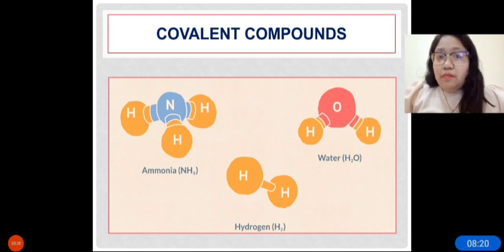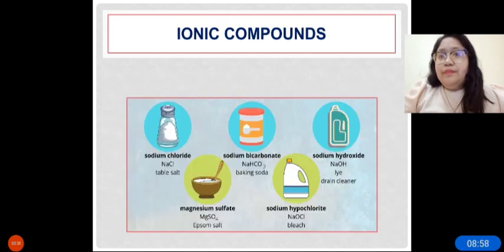N is covalently bonded to three hydrogen atoms. Then we have H2, where one hydrogen atom is covalently bonded to another hydrogen atom. Next, we have water. Oxygen is covalently bonded to two atoms of hydrogen.